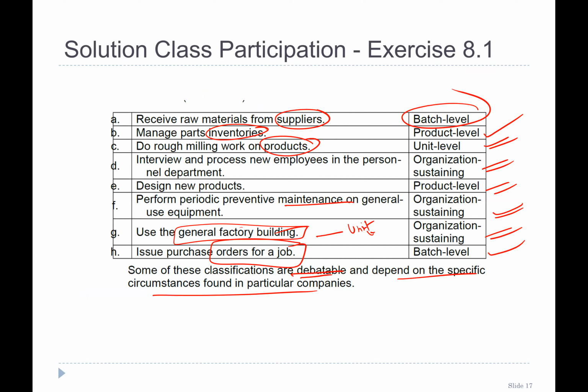So activity based costing basically rejects all other costing methods like job order costing, variable costing, traditional costing, right? We talked about relevant costing. So it has new ways to calculate the product cost.